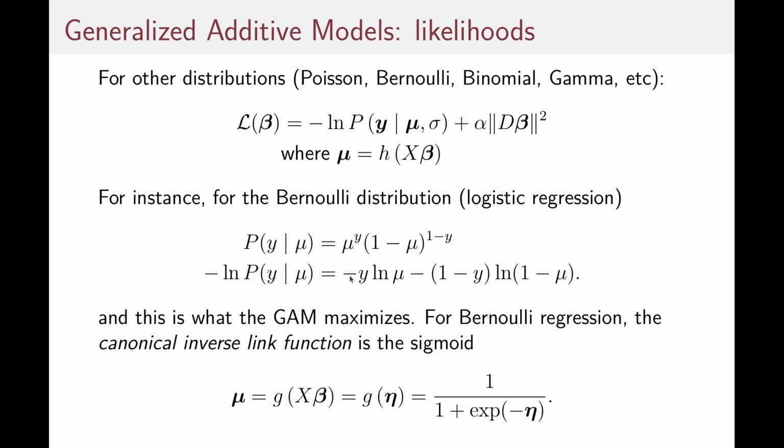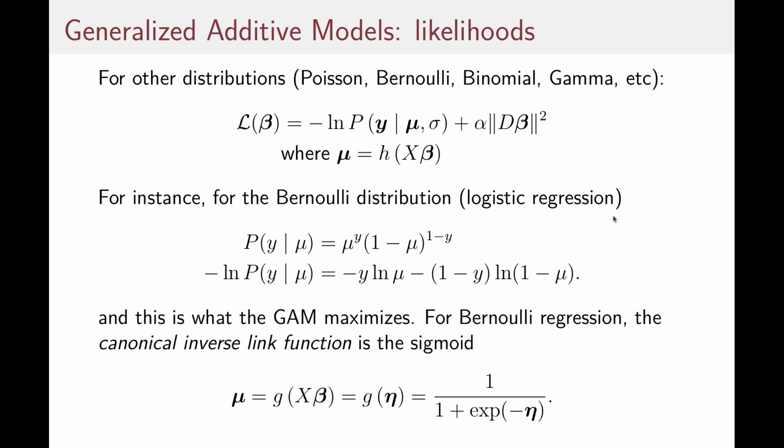Then we have to choose a link function or an inverse link function, and typically it would be the sigmoid. It turns out that this is something called a canonical link function in this case for logistic regression. You have to map so that your predictions become a number between 0 and 1, and using the sigmoid, I hope you agree, is quite a natural function for that purpose.